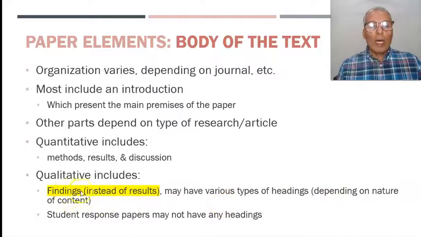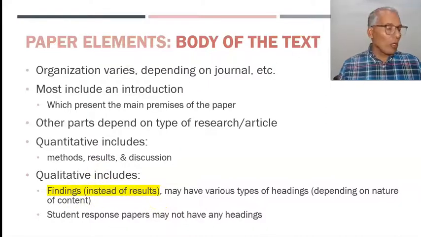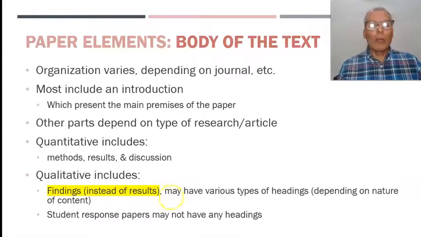Under the qualitative, instead of saying results, you just say findings from the research on philosophical interpretations show. But for results, you need numbers, you need solid things. Student response papers may not have any headings. That is not our concern, because you are not writing response papers here.